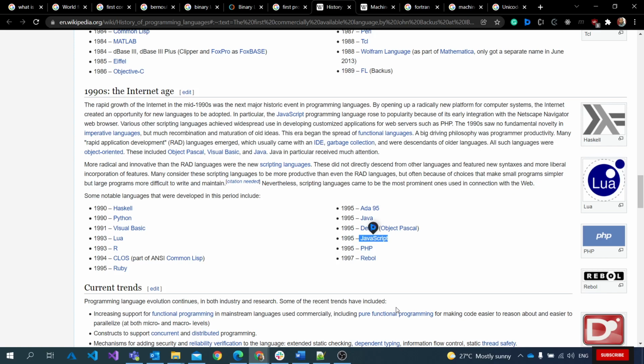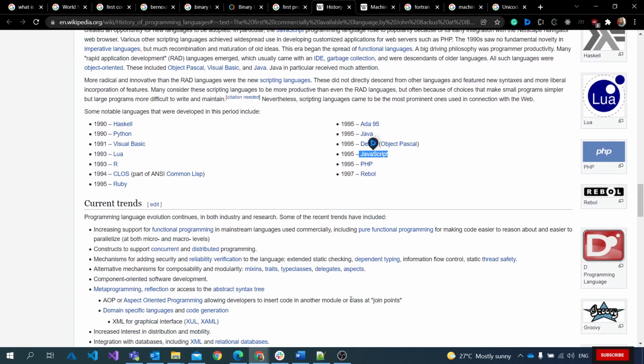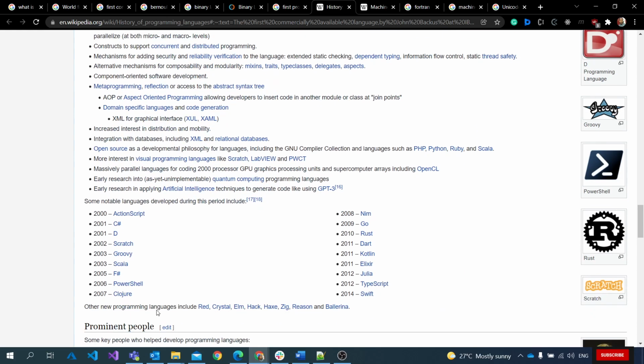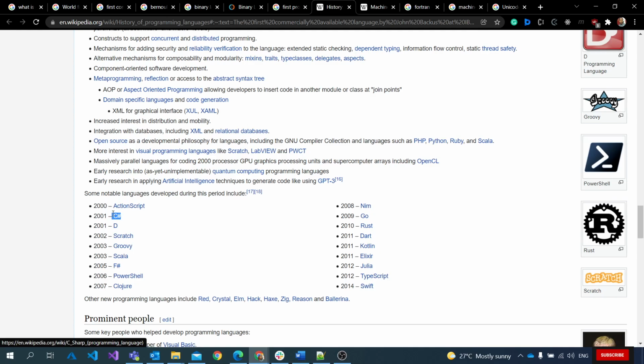Then we have flavors like TypeScript. There's a couple of JavaScript flavors that enable you to write more object-oriented JavaScript code. And cool, 2001, we get C#, one of the leading .NET programming languages as well, Groovy, Scala.